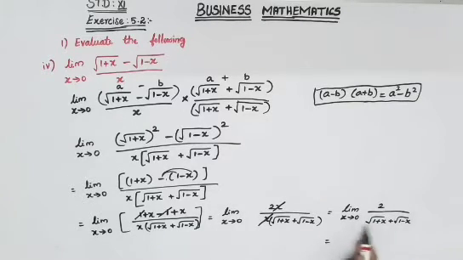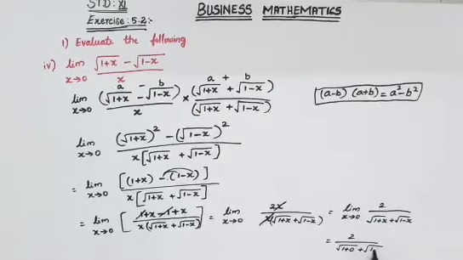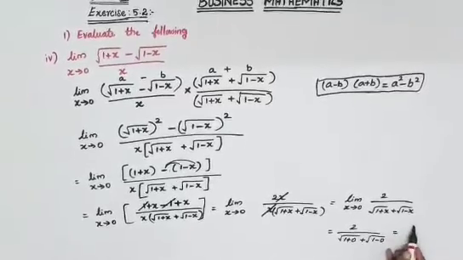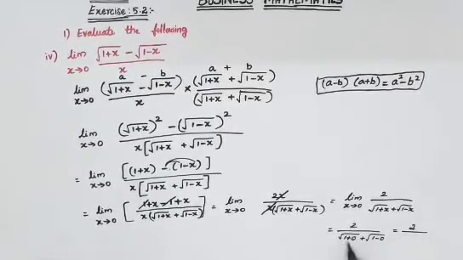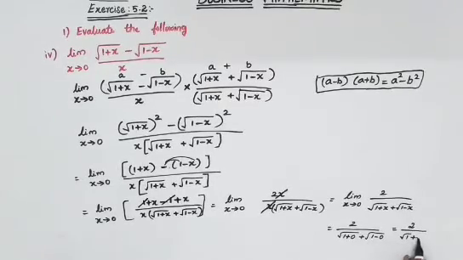Now you just substitute your value. Wherever x is there, just give 0. That is what you will have to do till you are able to solve it. At the end you will have to give your value. So that is 2 divided by, once you are substituting your value, don't put your limit. In the place of x, you will have to give 0 now. So root of 1 plus 0 plus root of 1 minus 0, which is equal to 2 divided by root 1 plus root 1.